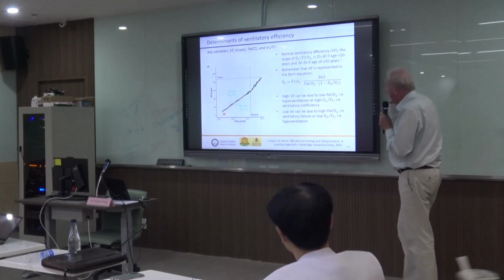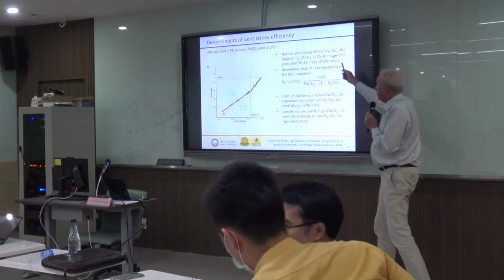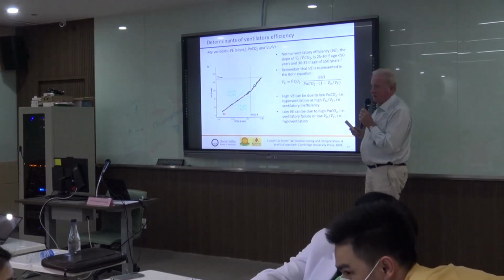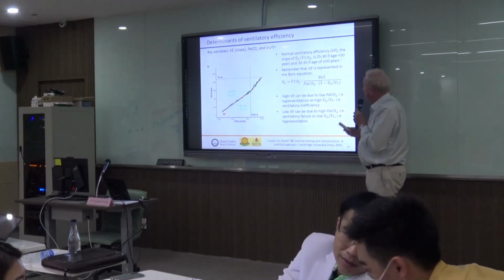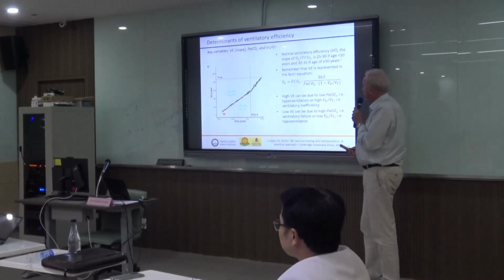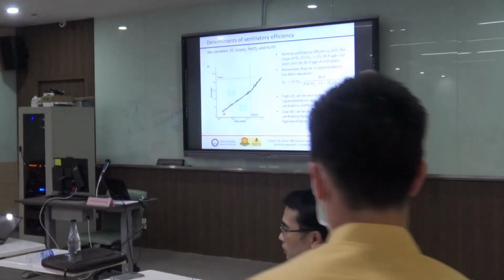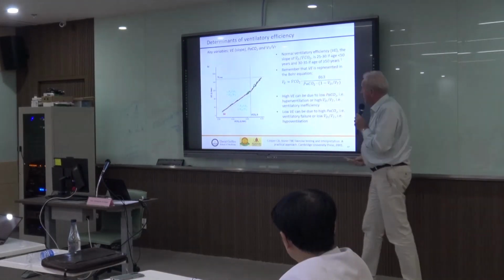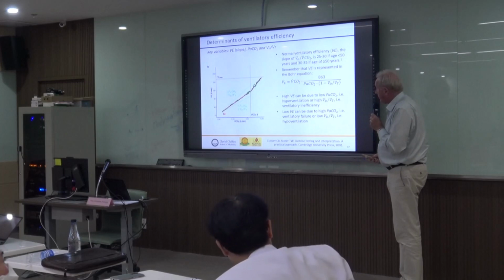Now, the normal ventilatory efficiency slope is in the range of 25 to 30. If the subjects are under the age of 50, we allow it to be a little higher, 30 to 35 in older subjects. And remember the formula that relates ventilation to CO2 output.